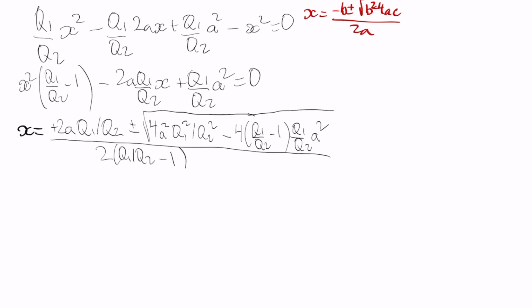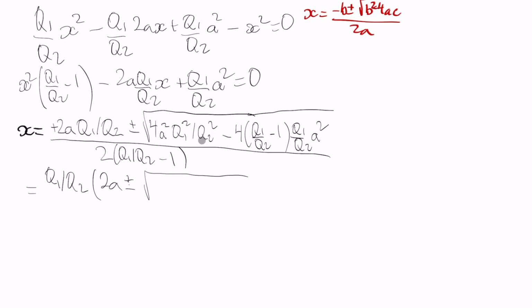Okay, so I can see quite a lot of factors of q1 over q2. So I can probably do a little bit of factorizing. So this here will be given by, let's take a factor of q1 over q2, and then we're going to get 2A plus or minus the square root of.